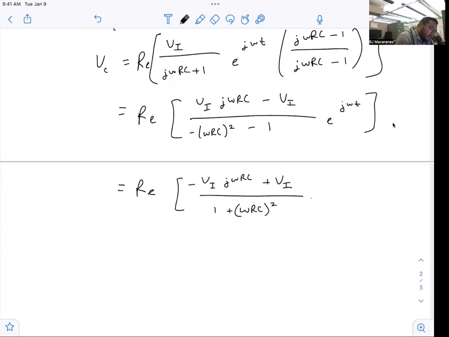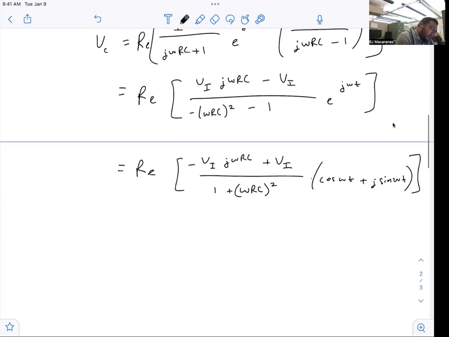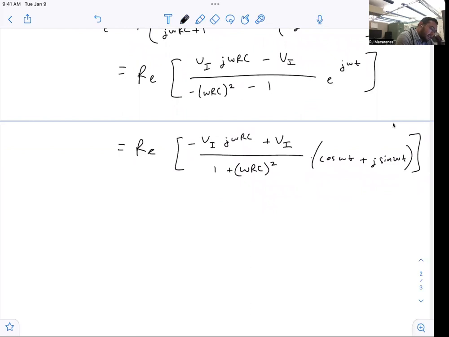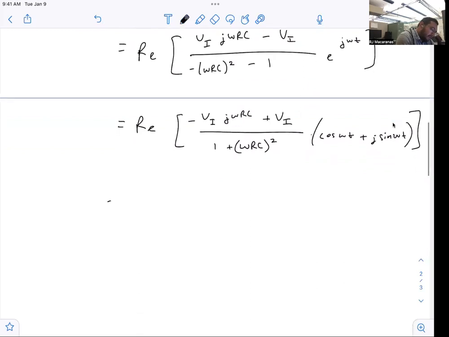And then we have our times cosine of omega t plus j sine omega t, from the Euler relation there. This j sine term goes away when we multiply by VI, so let's pull that out. We have a VI cosine omega t from this term.